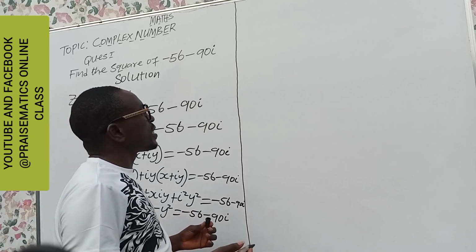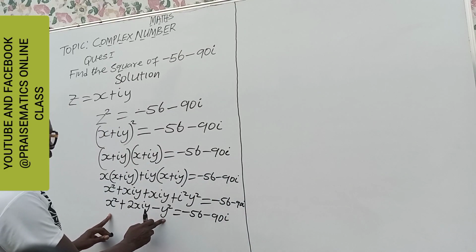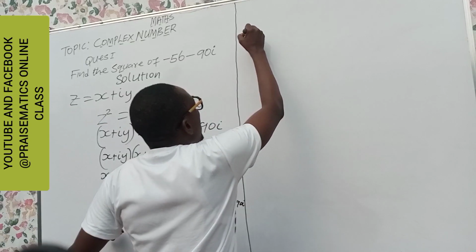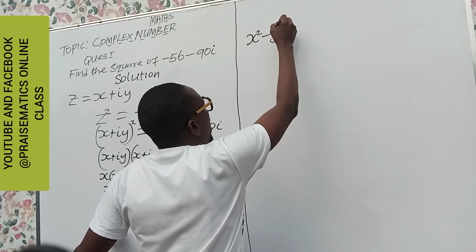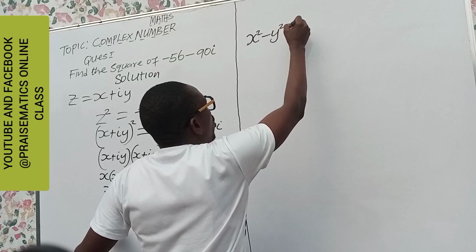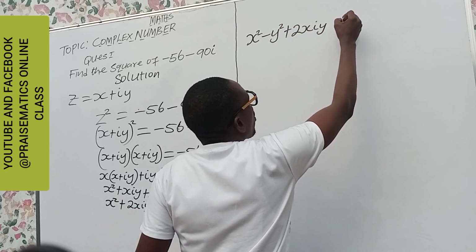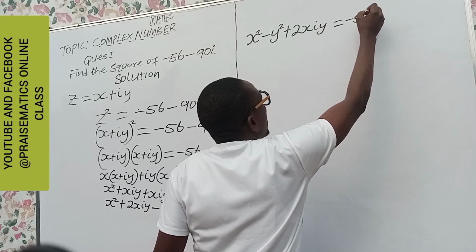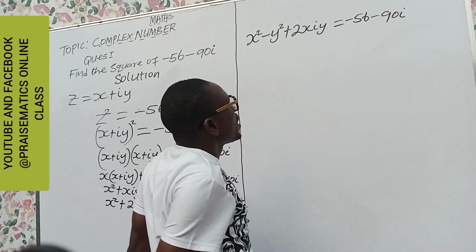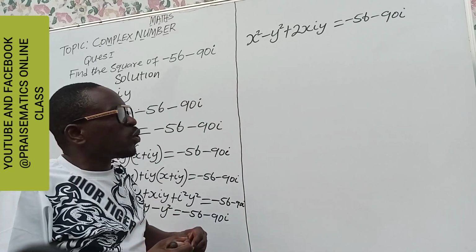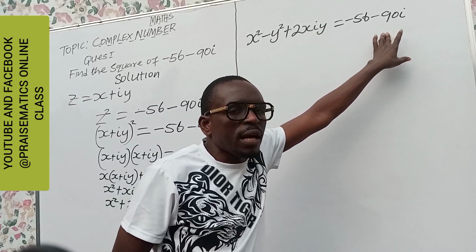Okay, now we collect real part to real part and imaginary to imaginary. Real parts are those without i. So that is x squared minus y squared plus 2xiy equal to minus 56 minus 90i. Now we are going to equate the real part to real part, imaginary to imaginary.